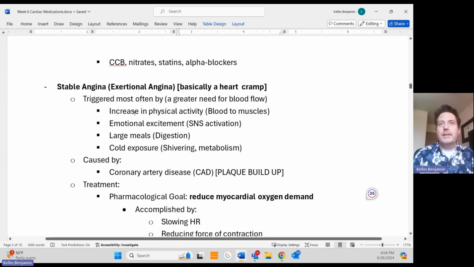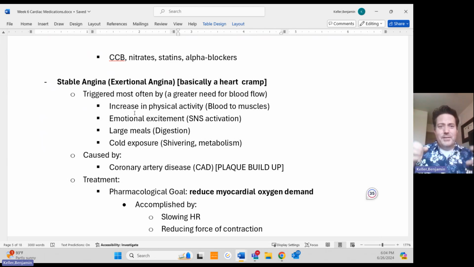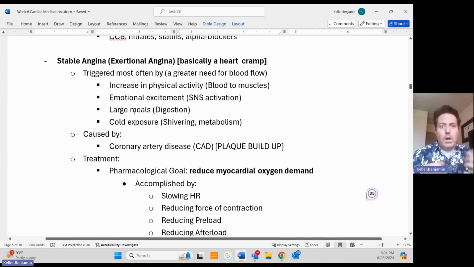Those are most often caused by exercise, physical activity, because blood's diverting to the muscles maybe and the heart's not getting enough blood. Or maybe you're really excited and there's some sympathetic nervous system activation, and so blood's going to your muscles again so you can run.